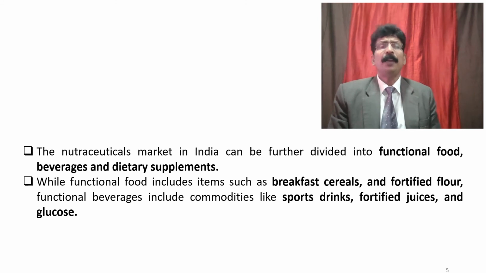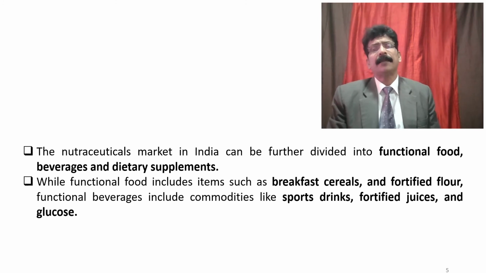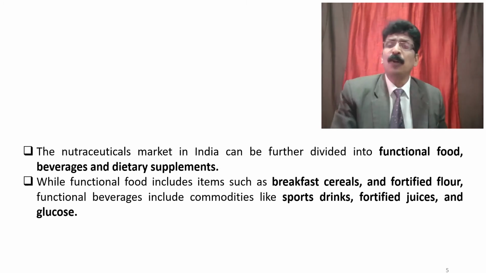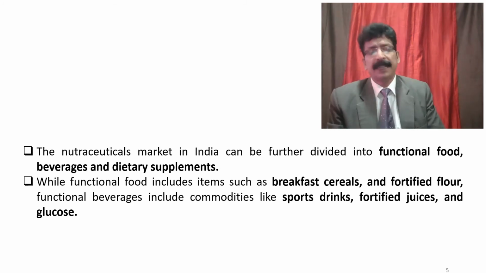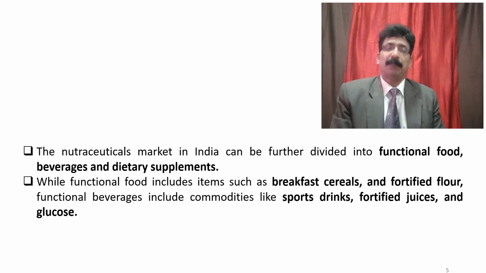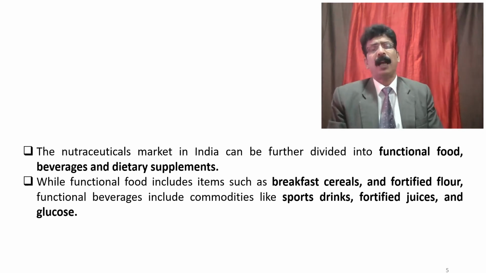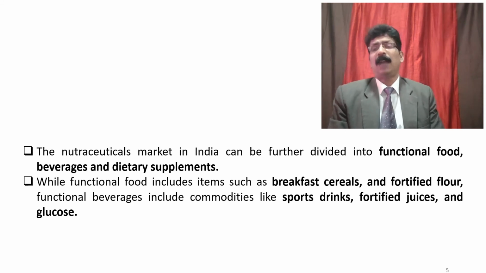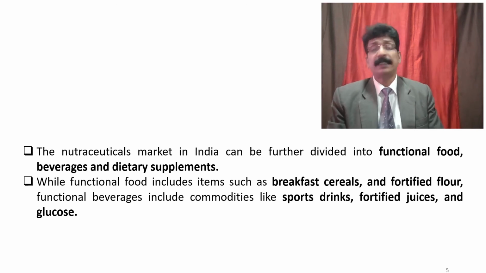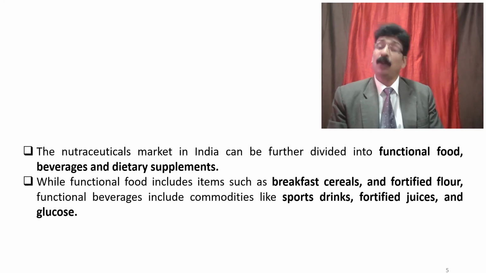The nutraceutical market in India can be further divided into functional food, beverages and dietary supplements. Functional food includes items such as breakfast cereals and fortified flour, while functional beverages include commodities like sports drinks, fortified juices and glucose.